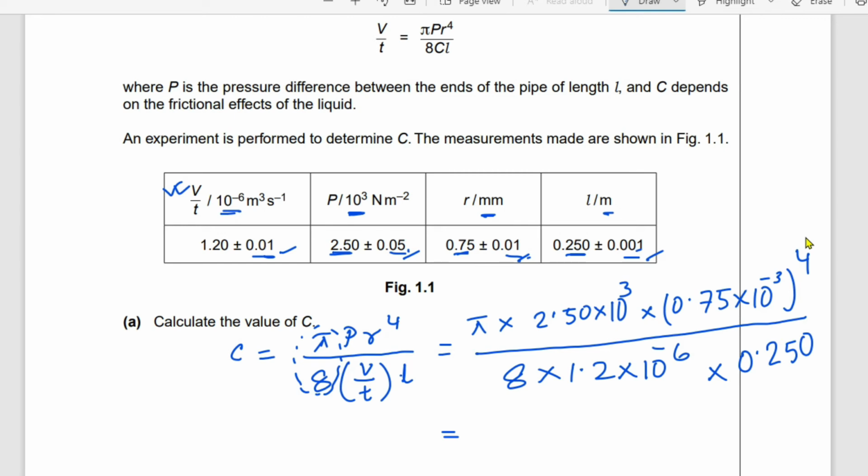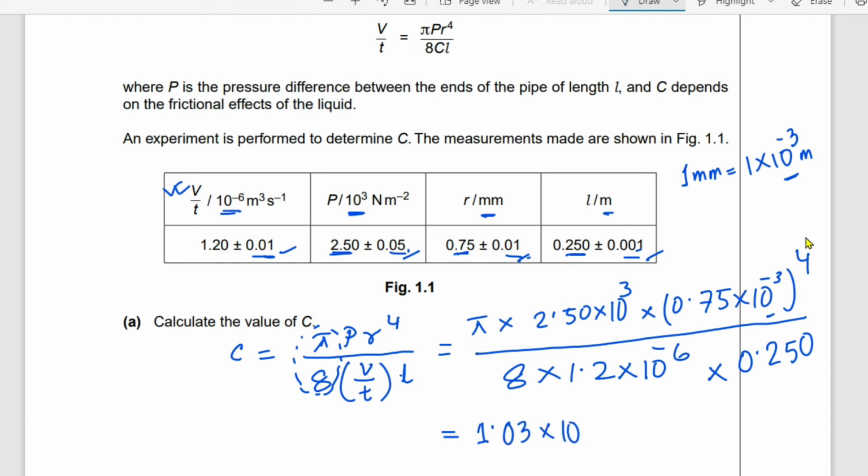You can see V by T is 10 to the power negative 6, pressure 10 to the power 3, radius in millimeter, length in meter. So we are converting every single thing right here to SI units. Millimeter should be in meter, length is in meter, this is not going to be changed anymore. Pressure 10 to the power 3, we write 10 to the power 3. V by T value in 10 to the power negative 6, we substitute 10 to the power negative 6 for V by T, and we do the calculation here.